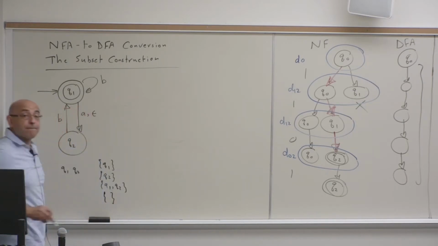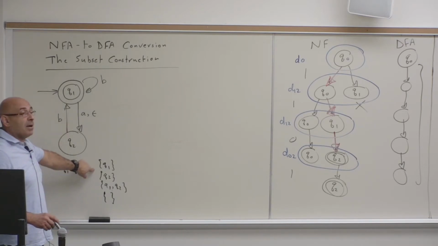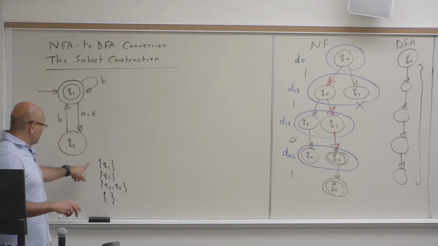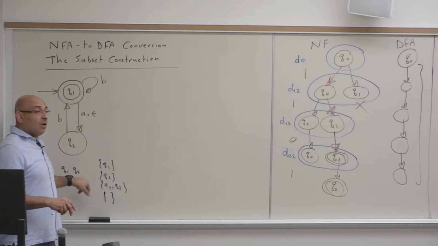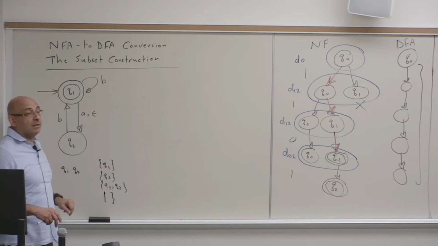So you have exactly 4 subsets of this set of states. This is the power set. The power set of this set has all possible subsets. So you can either have Q1 by itself, or Q2 by itself, or Q1 and Q2, or nothing.